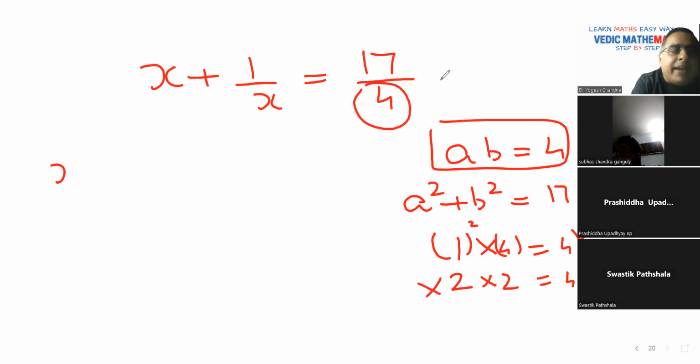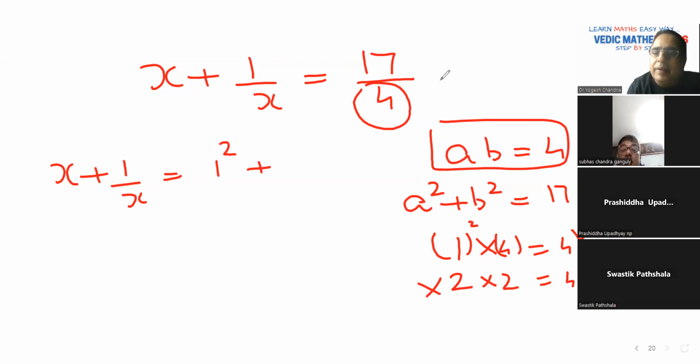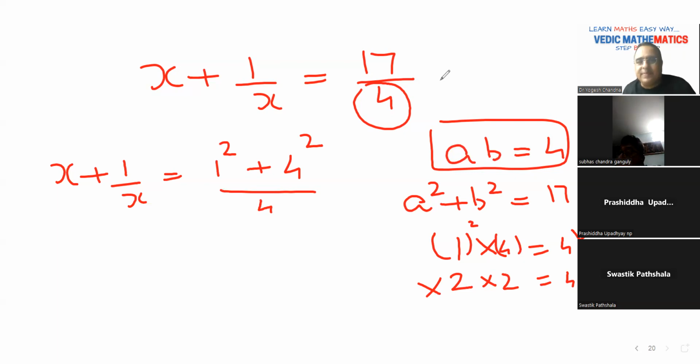So that means x plus 1 by x, can I write it like 1² plus 4² over 4?